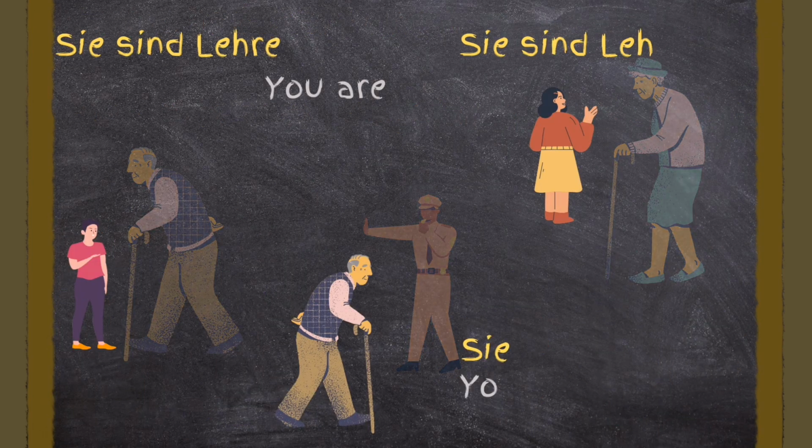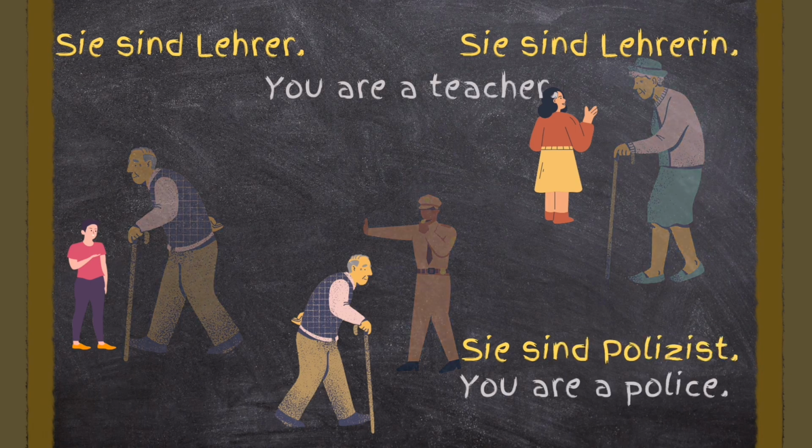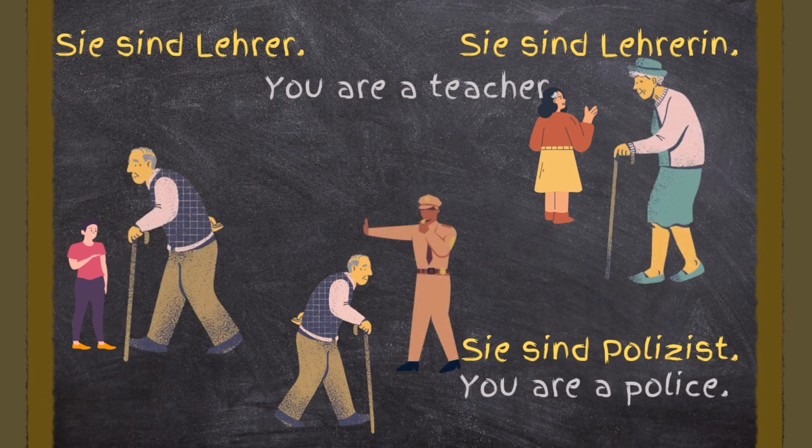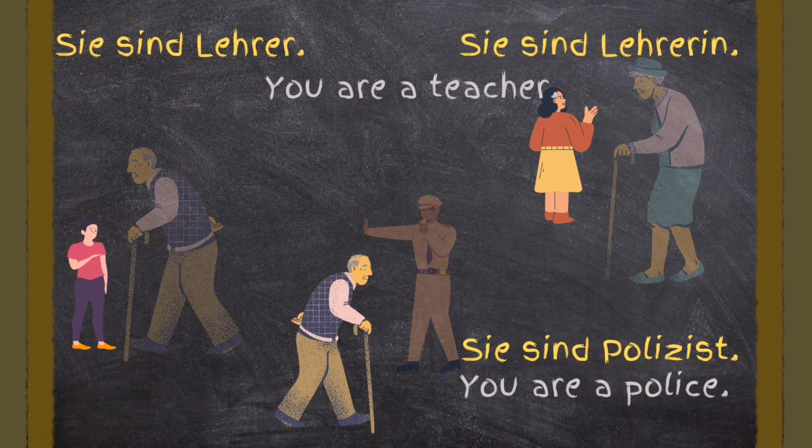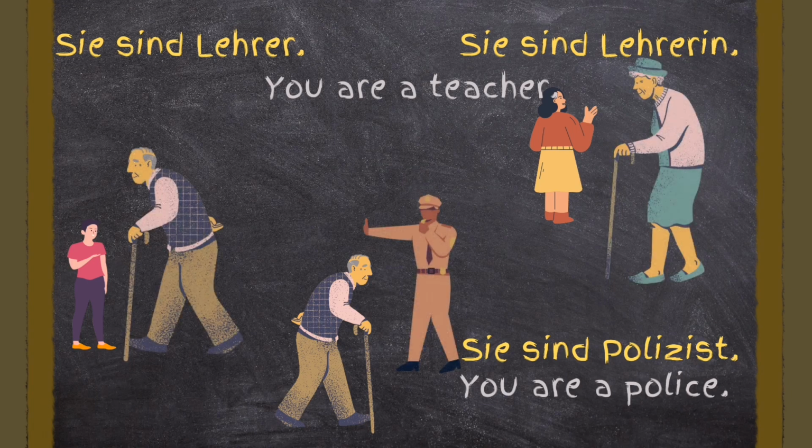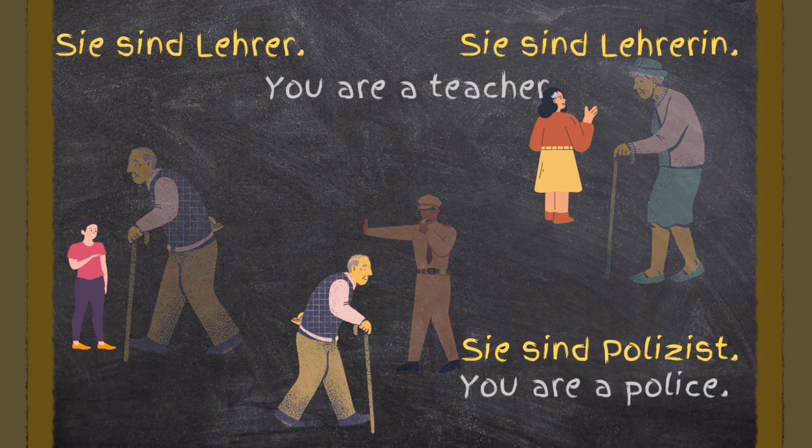So to conclude, we can make statements. Sie sind Lehrer when young man talks to old man. When young lady speaks to old lady, she will say, Sie sind Lehrerin.